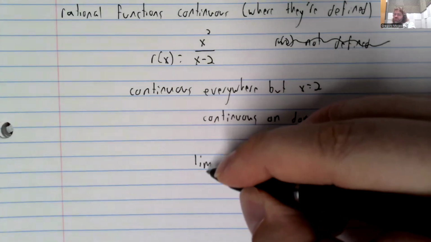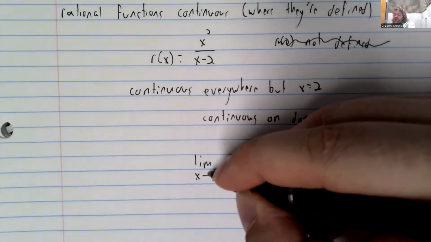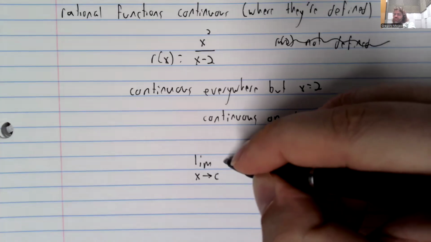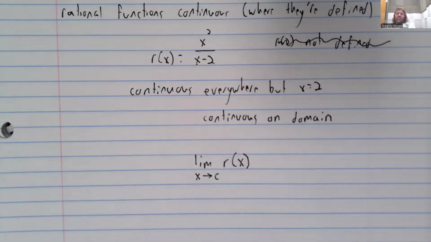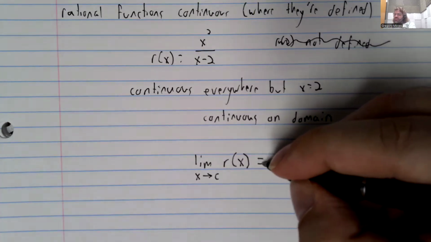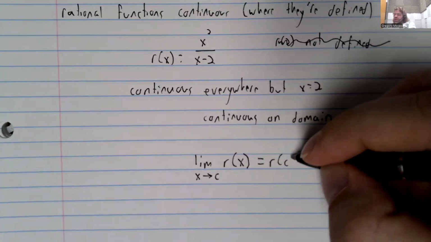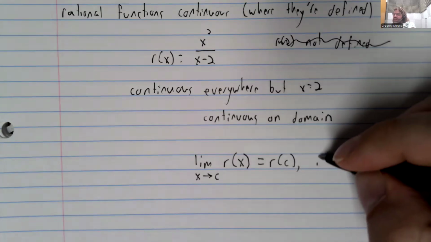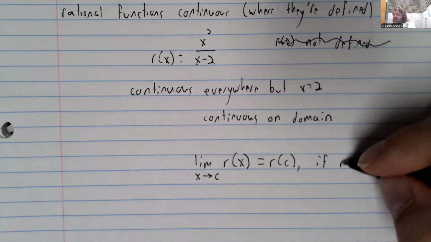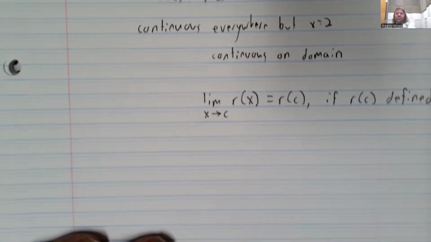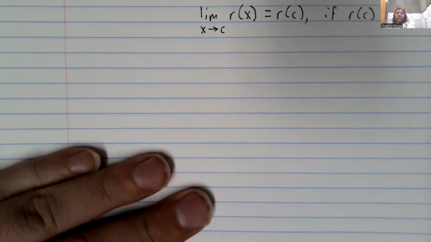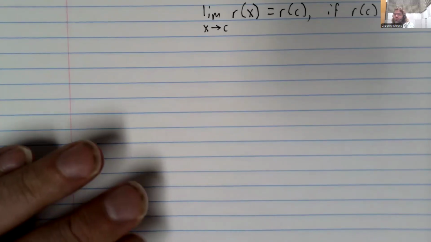We, of course, did not use that phrase, but we did say that the limit as x approaches c of r of x equals r of c as long as R of c is defined, as long as it doesn't give us a division by 0 error.